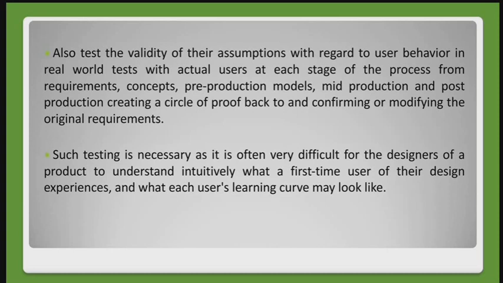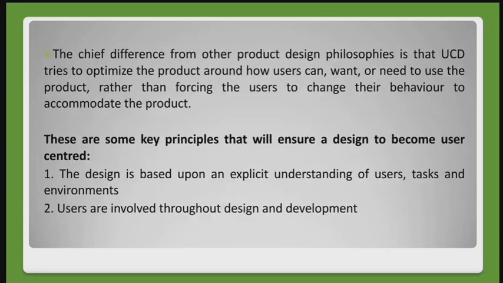So in this type of designing, the designers have to face many difficulties in understanding how it is going to work, and how we are going to make changes over this. So the main difference about these product design philosophies is that user centered design tries to optimize the product around how the user can and what he wants, rather than forcing the user to change their behavior to accommodate the product.